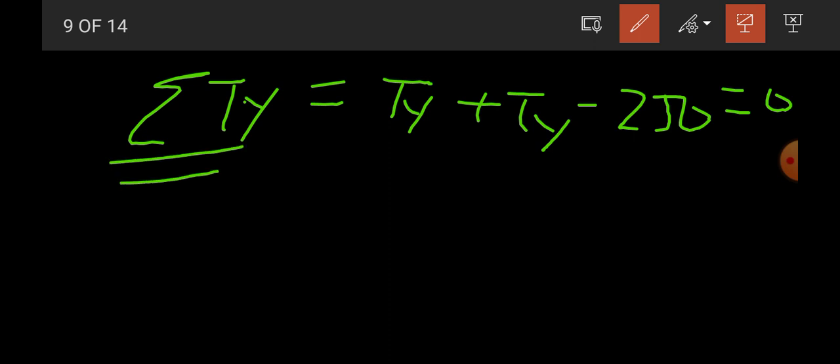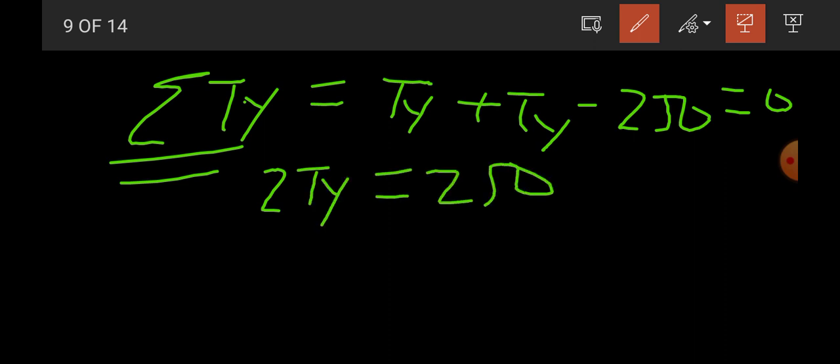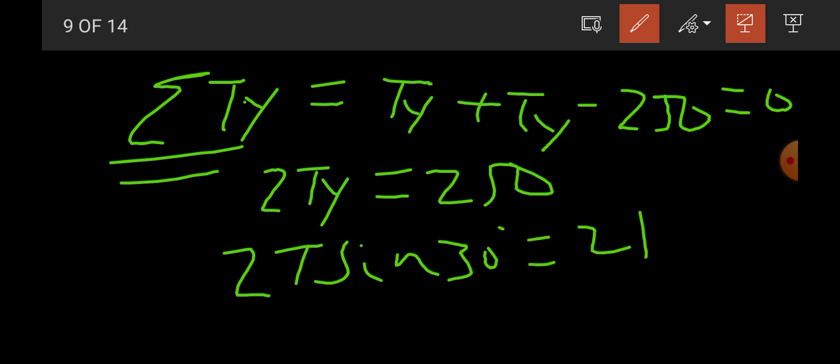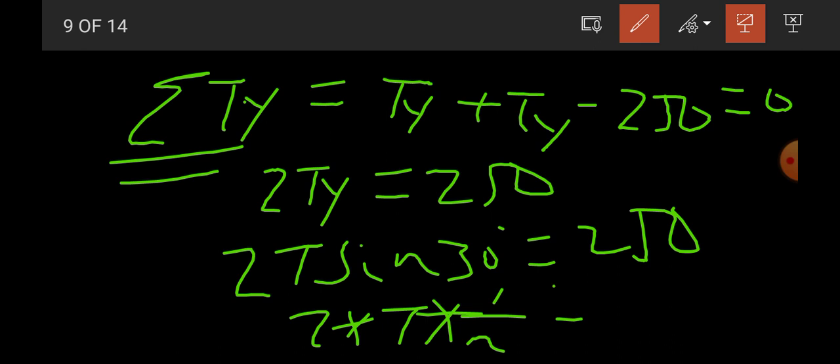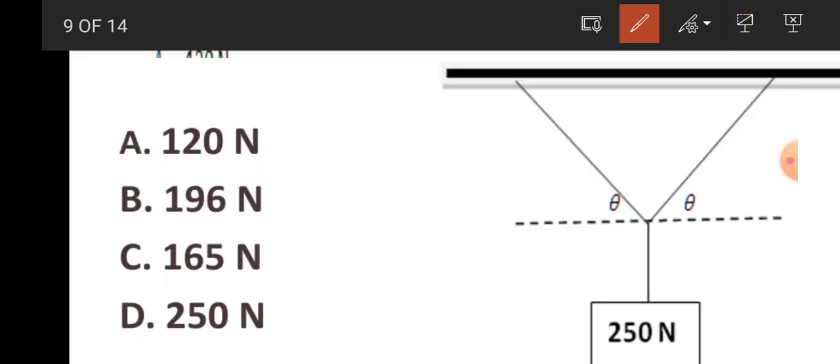So Ty plus Ty, 2Ty, is equal to 250. 2 times Ty, that is T times sine of 30 degree, is equal to 250. So sine 30 degree means 2 times T times 1 over 2 is equal to 250.